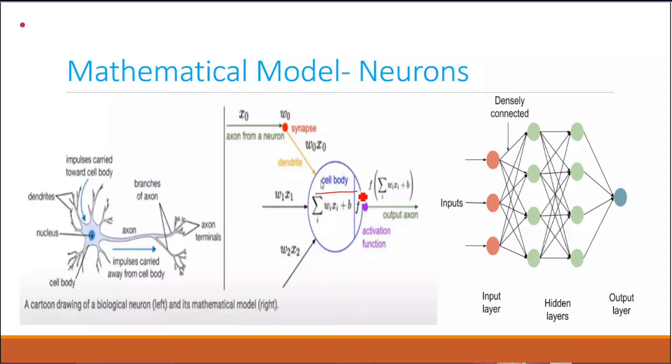So what happens in the cell body? The input we get from the sensors. Similarly, the input images we get through the data sets.